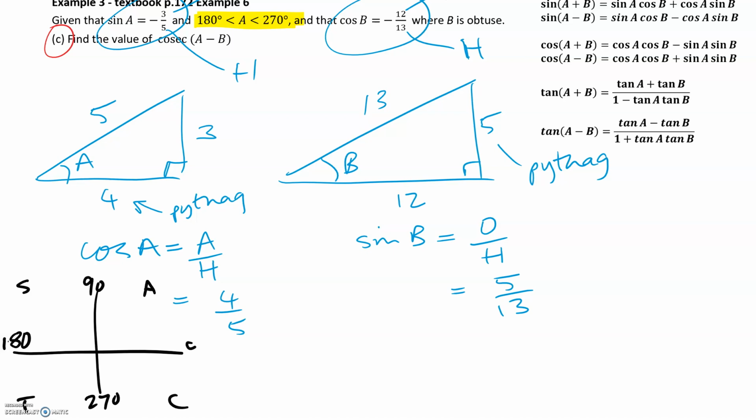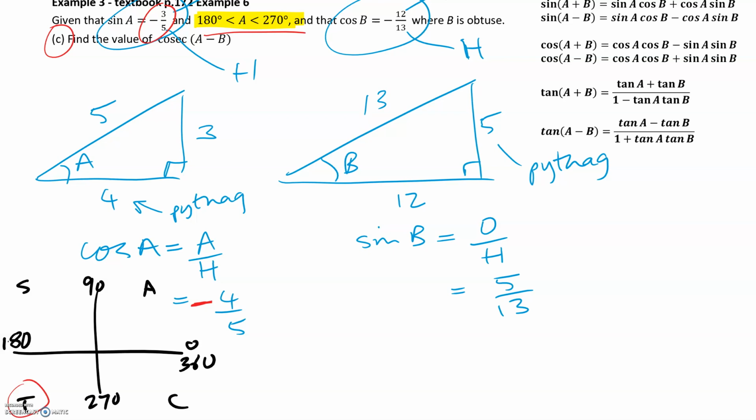This is 90, this is 0 or 360. Now down here, tan is the only thing that's positive. We already knew that sine was negative, but also cos is going to be negative, because only tan is positive between 180 and 270 degrees.